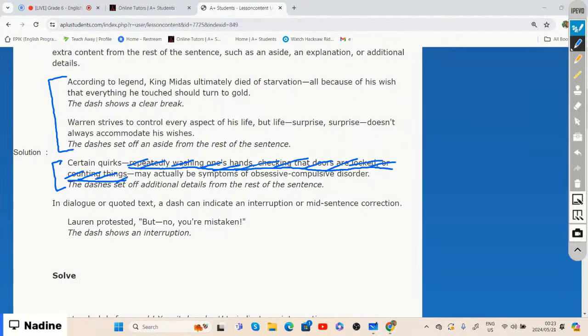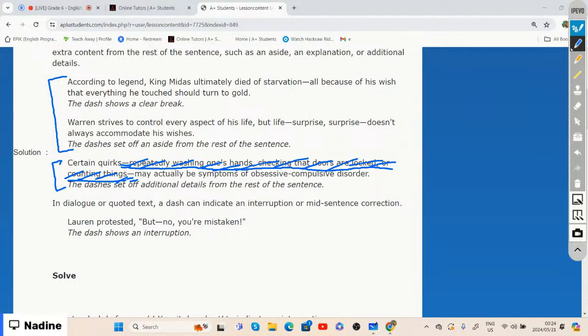We can even read this whole sentence by saying certain quirks may actually be symptoms of obsessive compulsive disorder without adding that additional information. And that is why you can see the dash over here, right? It sets off or separates whatever is happening within our sentence, either additional information, additional sentences, or an explanation that is added.